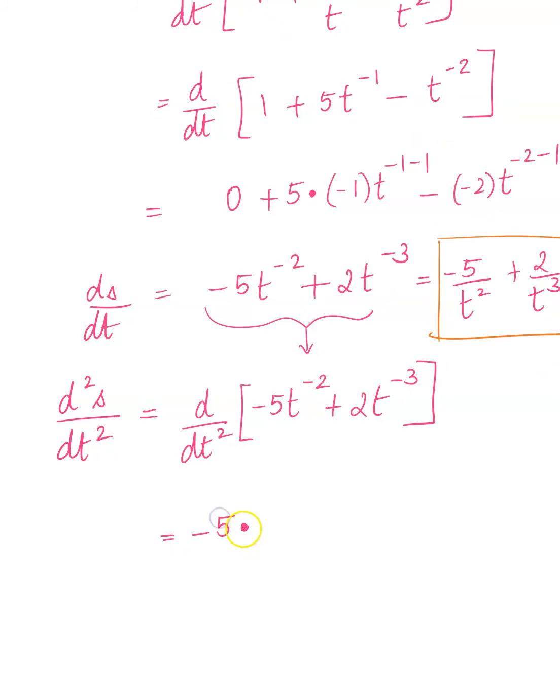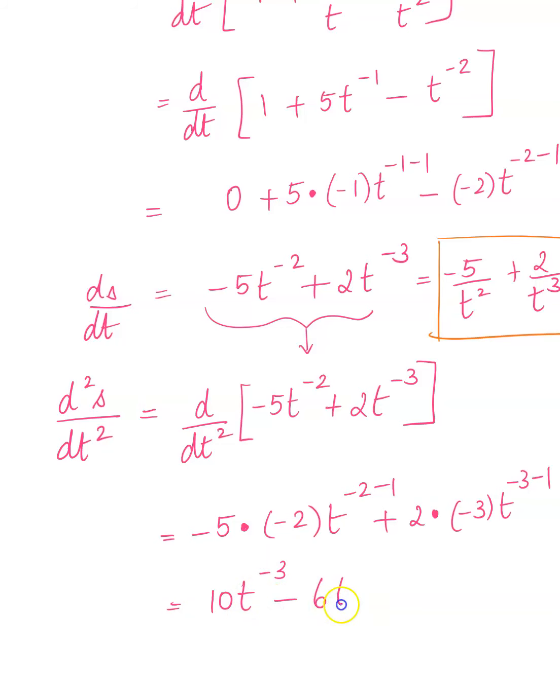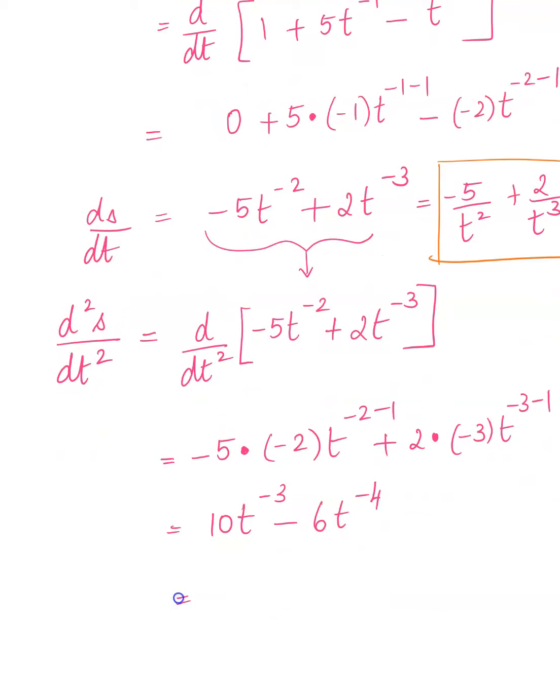That's negative 5 times negative 2 t power negative 2 minus 1, power down times t power 1 less than the power, plus 2 times negative 3 t power negative 3 minus 1. So that makes it 10 t power negative 3 minus 6 t power negative 4. And then rewrite that also as positive exponents.